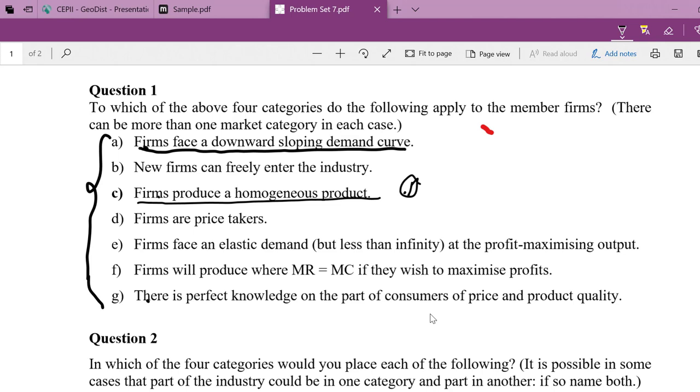Firms face an elastic demand, but less than infinity at the profit maximizing output. Monopolistic competition. Yes, more than one.